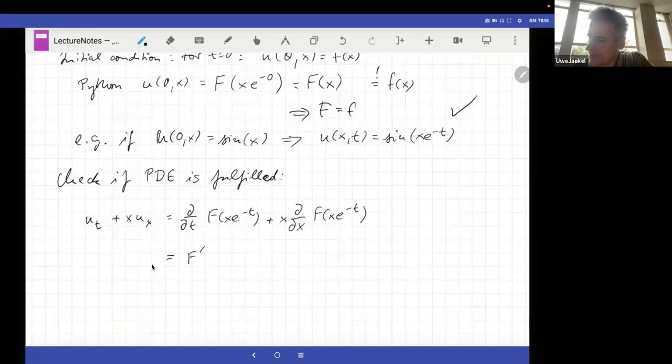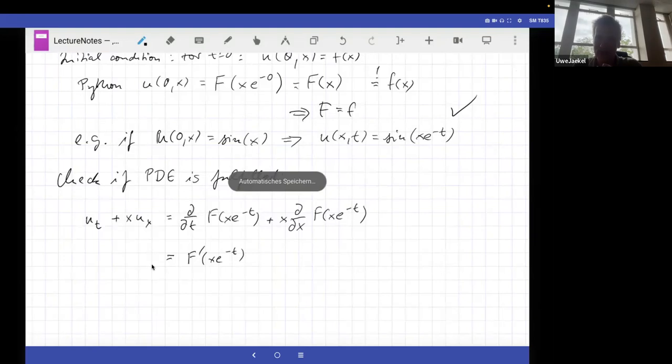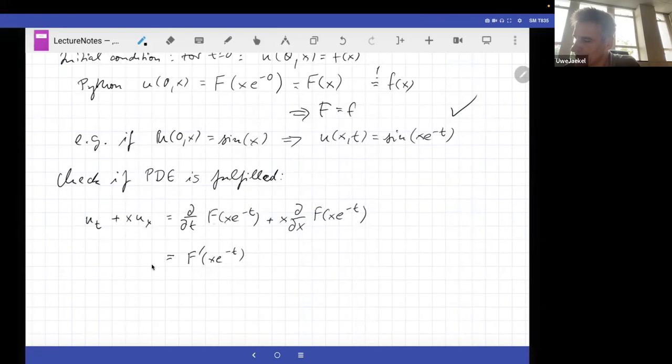F is a function of one argument, but we have now found a combination of the x and t coordinates, x times e to the minus t, such that the function can be expressed as a function of this combination. So this is the outer derivative, and we have to multiply it with the inner derivative, and that is x times minus e to the minus t.